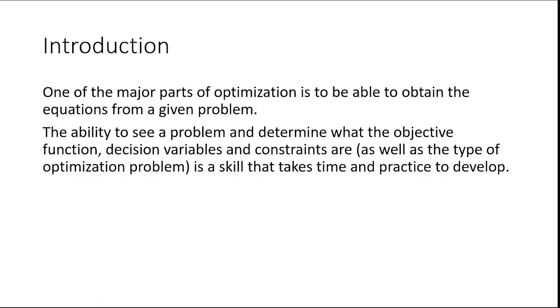And the ability to see a problem and to determine what the objective function is going to be, what the decision variables and the constraints are, is a skill that will take time and practice to develop.